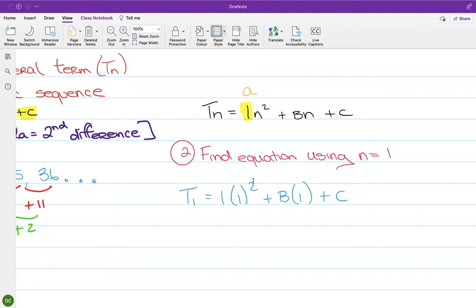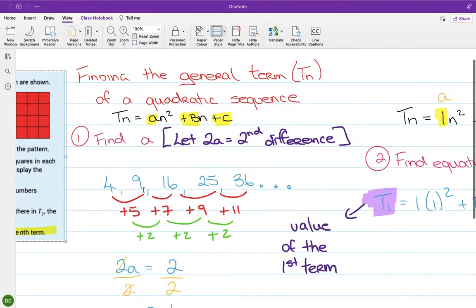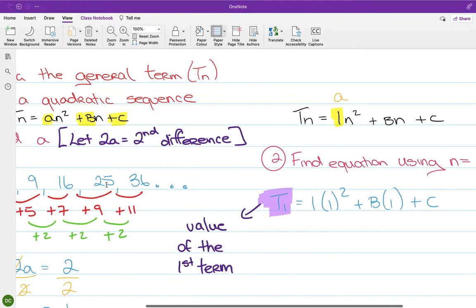So that's replacing every n with a 1. Now, this one I know confuses students sometimes. So what that means is the value of the first term. Okay, so if we scroll back, the value of the first term in this sequence is 4.